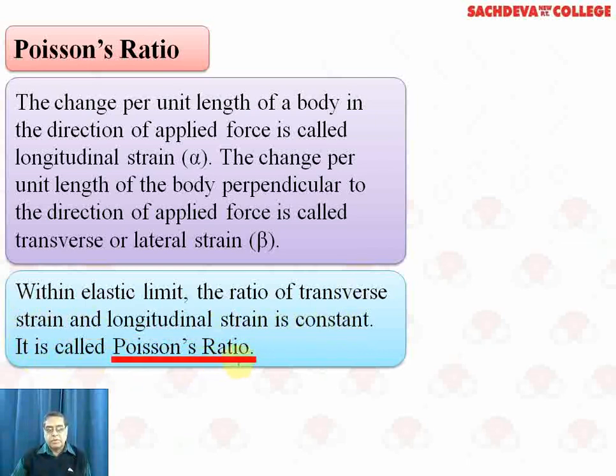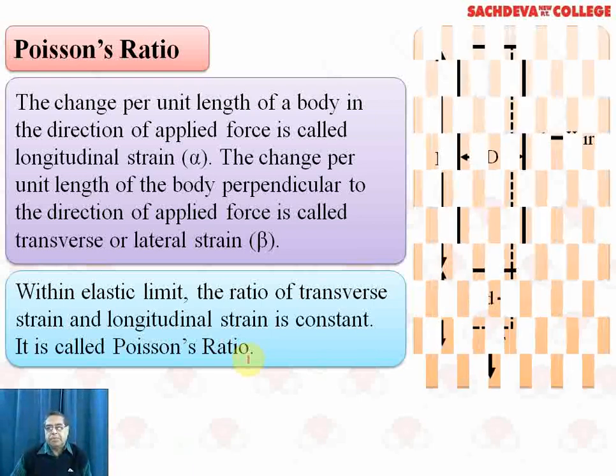It is called Poisson's ratio. So Poisson's ratio means we take the ratio of the transverse strain, in the perpendicular direction, and the longitudinal strain, lengthwise. The ratio of the two strains under the elastic limit is known as the Poisson's ratio.